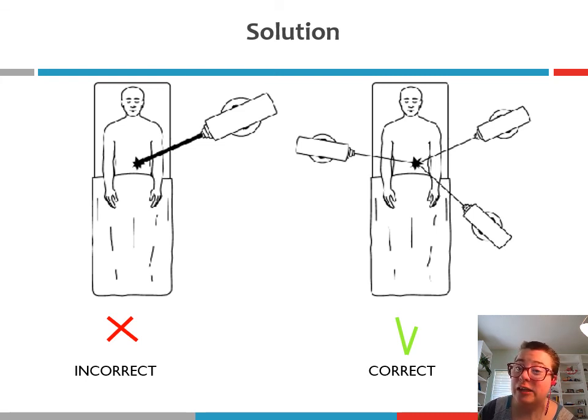So basically converge upon the tumor with a bunch of low intensity rays, and what that does is it destroys the tumor from the center outward, and because all of the rays are low intensity, you don't have the problem of damaging surrounding tissue.